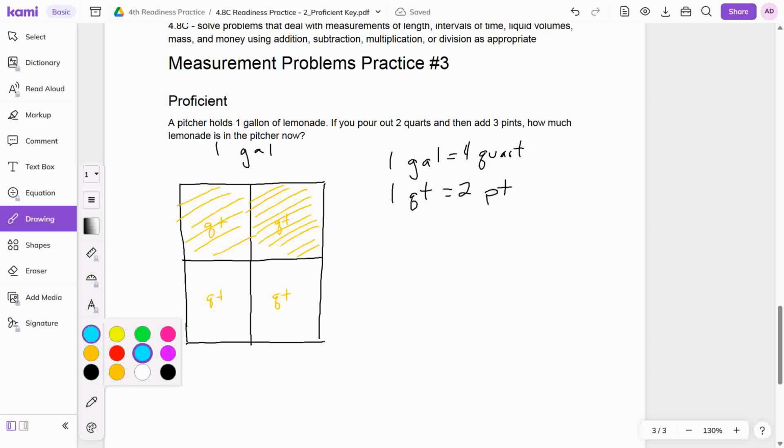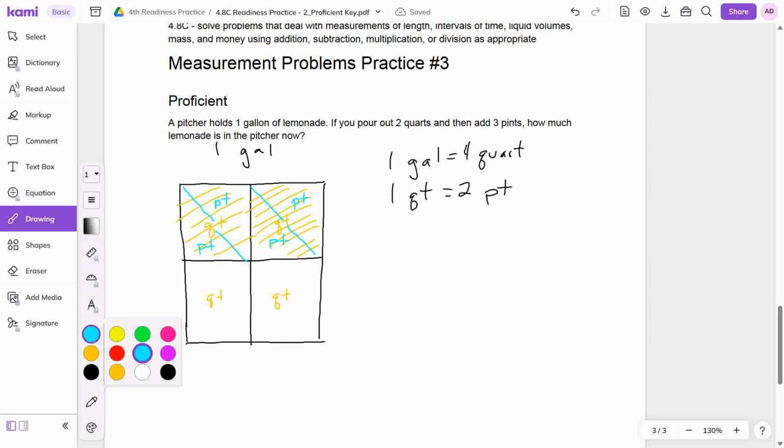So if I were to, let's just do it like a diagonal like this. Okay, so this is a pint, and this is a pint, and then this is a pint, and this is a pint. So inside each quart is 2 pints, okay?